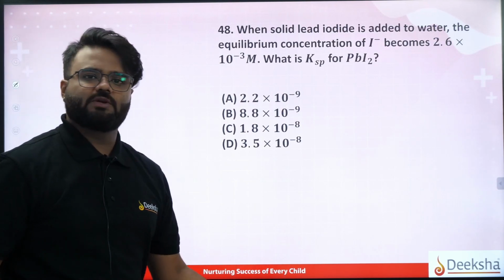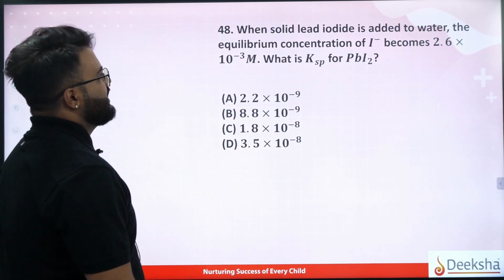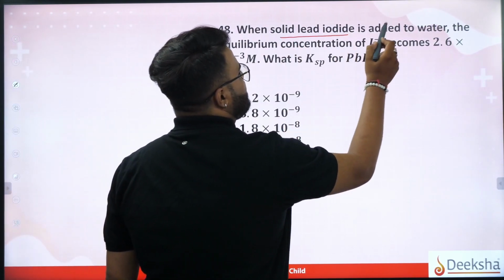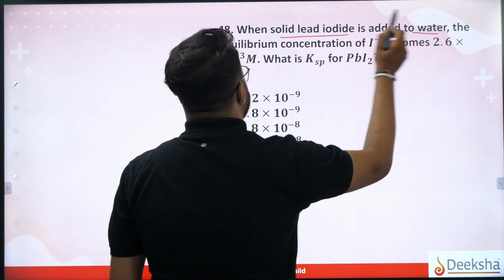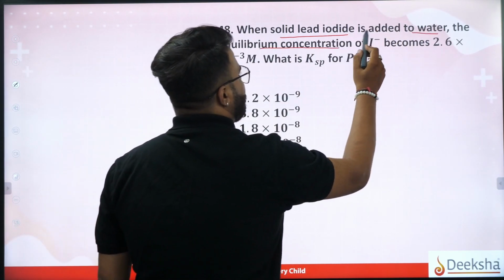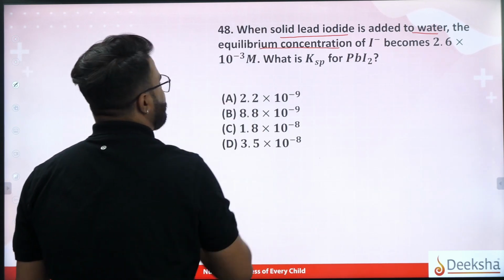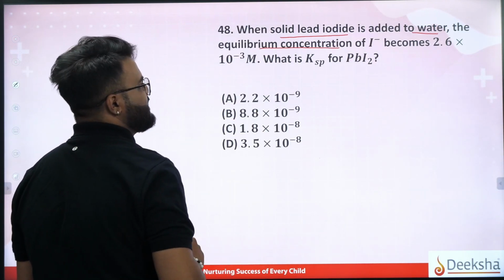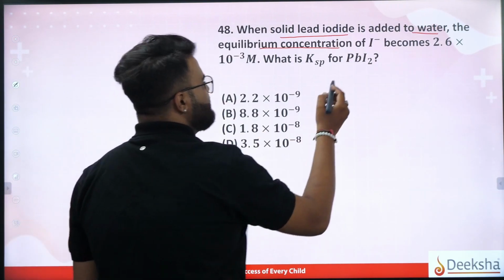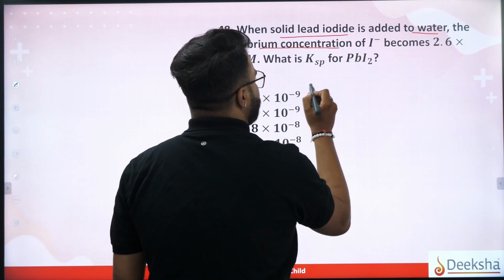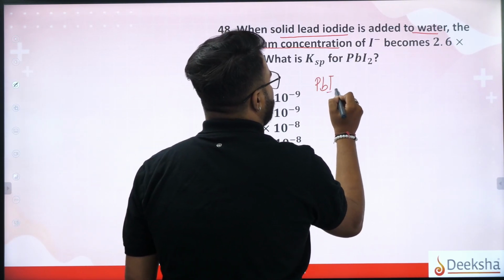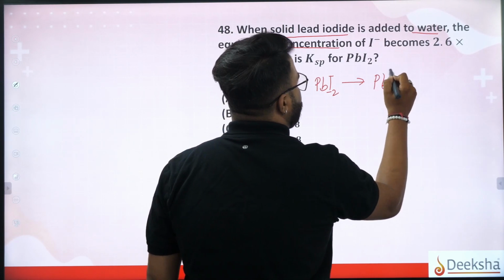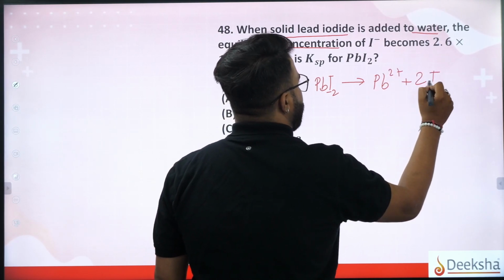Now coming back to question number 48, which is very easy. When the solid lead iodide is added to the water, the equilibrium concentration of I minus becomes 2.6 into 10 to the power of minus 3 molar. What is the KSP for the lead iodide? So we know that PbI2 on dissociation gives Pb2 plus and 2I minus.